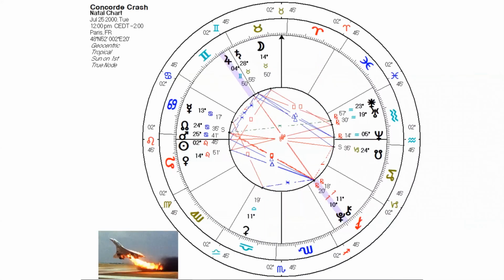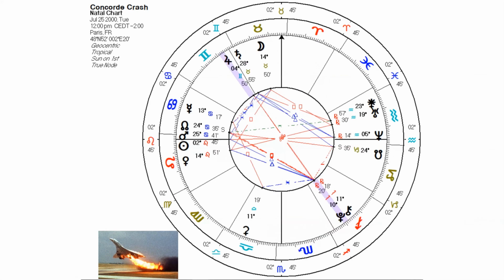Now our next chart is when there was a very dramatic crash in the year 2000. And as a result of this crash, they decided to retire the airplane, even though the crash was not caused by technical failure, but by an object that the plane hit on a runway.